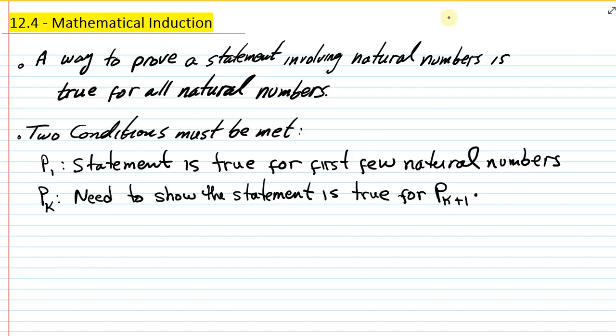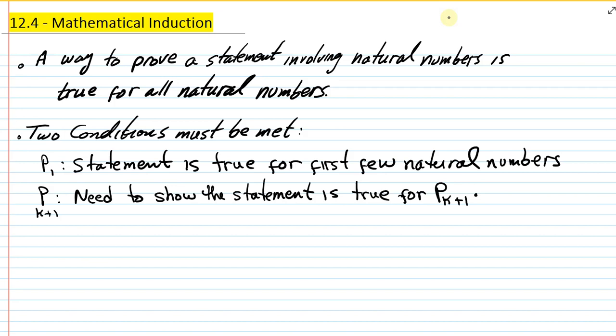Once we have that, then from the statement P sub 1, we will generate what we call an induction hypothesis. And then from that, we go to condition 2. Condition 2 is that, I should say P sub k plus 1 here. We need to show that this statement is true for P sub k plus 1. In other words, the statement is going to work for a finite number k.